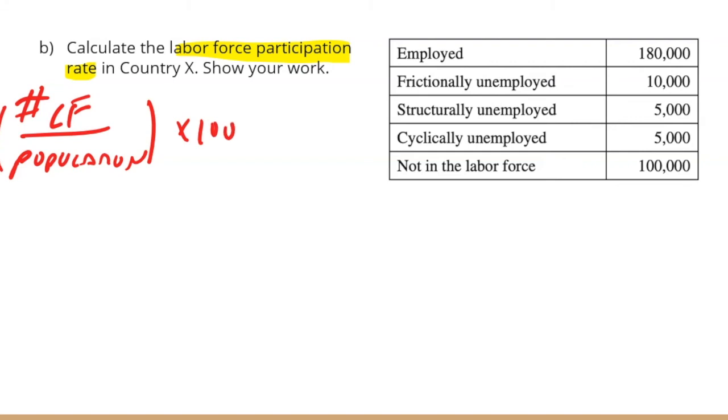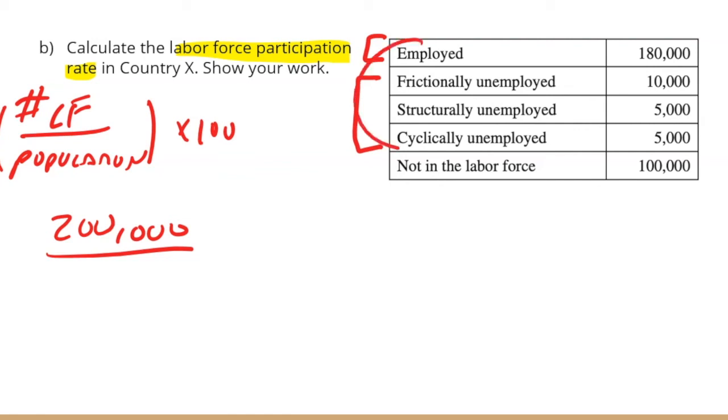So we already know, based on part A, the number of people in our labor force. We already know that there are 200,000 people in our labor force. We just add together the number of employed plus the number of unemployed people. Well, to get to the number of people in the population, we're going to take the number of people in the labor force, the employed plus the unemployed, and add in the number of people that are not in the labor force.